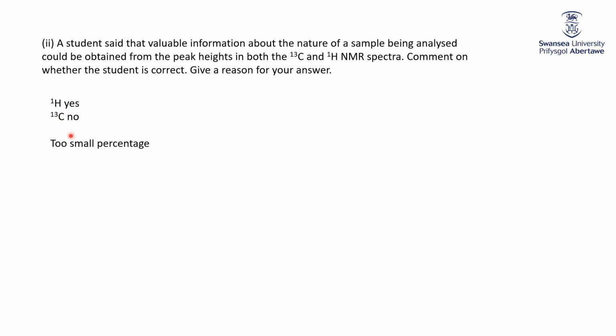And the reason is that for proton, 99% of the hydrogens in there are 1H, but for carbon-13 spectra, only 1% of the carbon atoms are carbon-13. So there just aren't enough in there to give you the really good data.